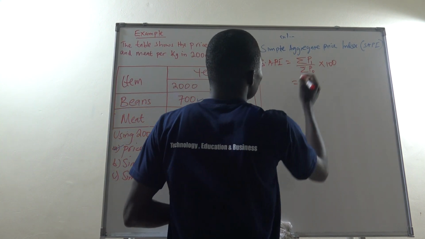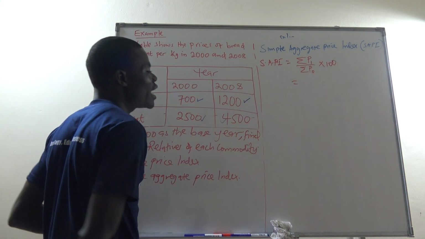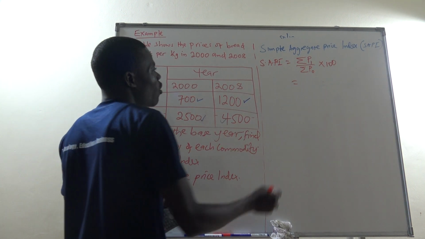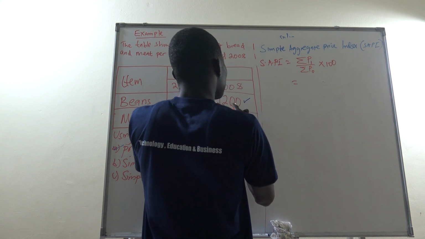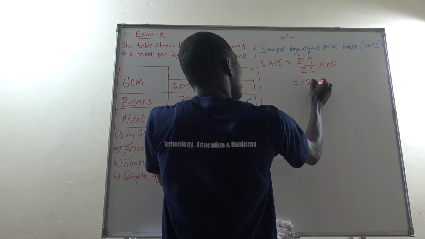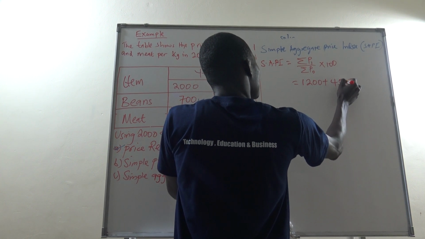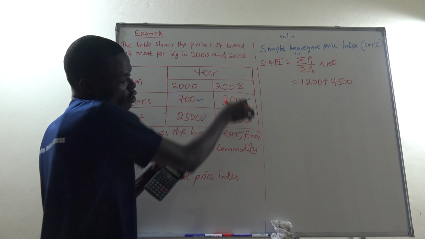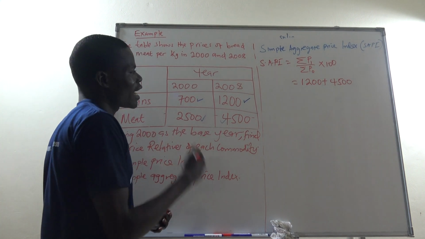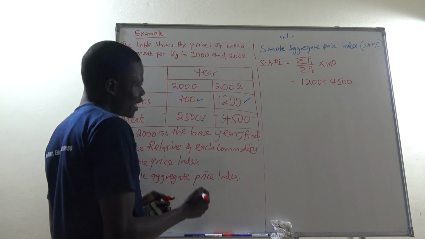So our summation is given by getting the total prices in the current year, which is 1,200 plus 4,500. That's the summation of prices in the current year.